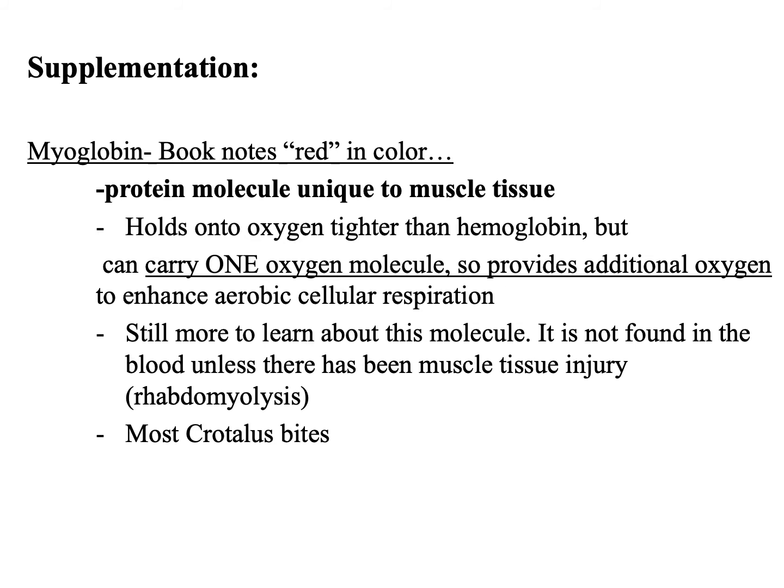If you've ever met anybody, or for me, I've seen dogs, of course, bitten by a rattlesnake. Rattlesnake venom destroys muscle. It's textbook. You know when you see a dog that's been bitten by a rattlesnake.